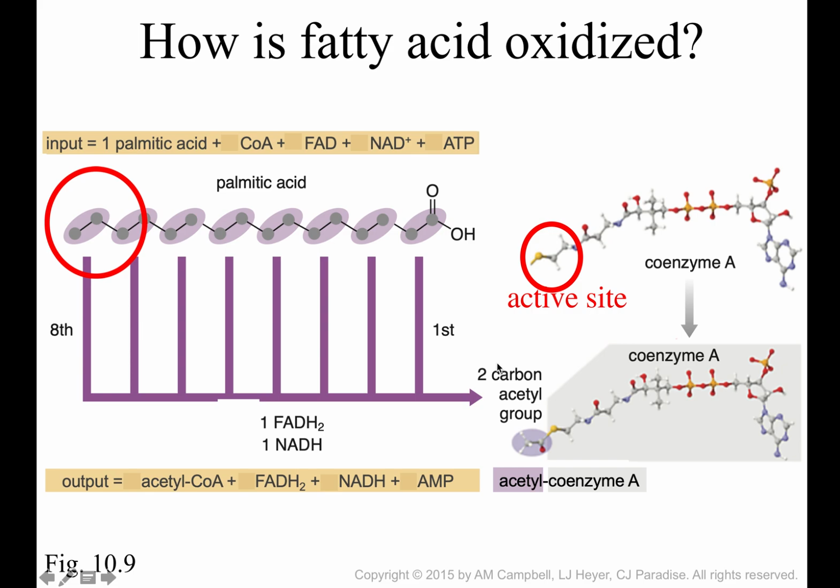And you do that 2 times for glucose, but for a fatty acid like palmitic acid, you do it 8 times because there's 16 carbons. You also have fatty acids that are 22 carbons big. So you can start to get the idea that fatty acids have a lot of energy in them. And then each time you take off 2, you go through the citric acid cycle.